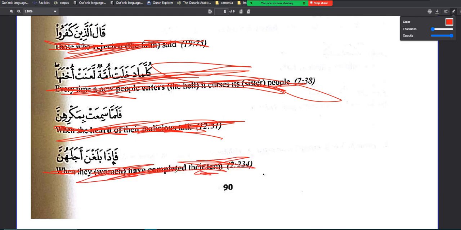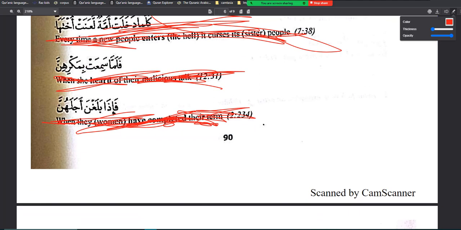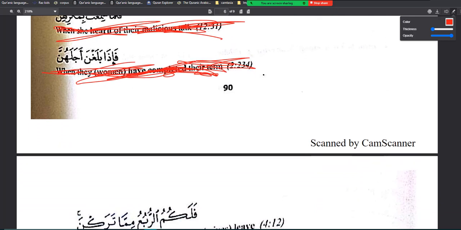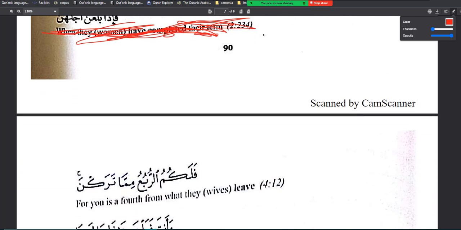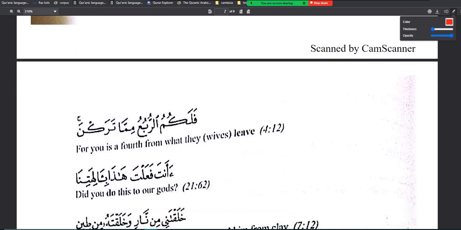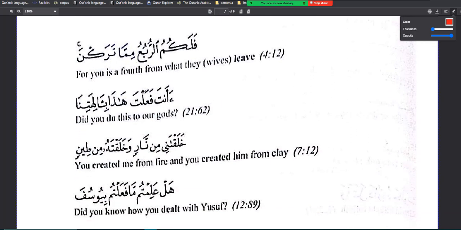فَلَمَّا سَمِعَتْ بِمَكْرِهِنَّ. Hiya sami'at. Very good. What's the translation? Very good. فَإِذَا بَلَغْنَ أَجَلَهُنَّ. Yes, very good. They, women, reached. Okay.